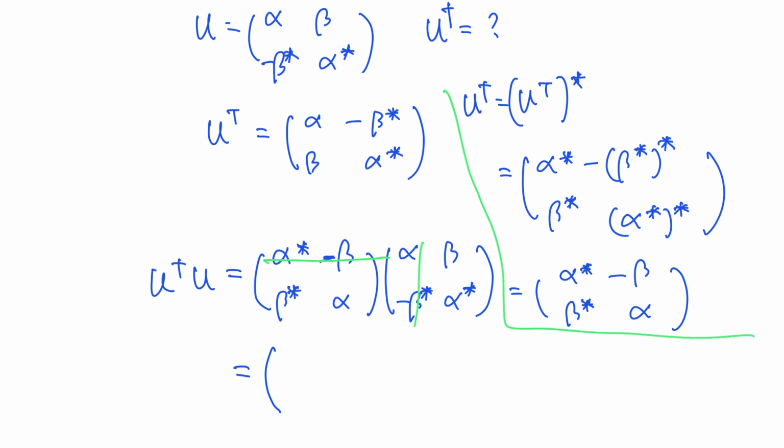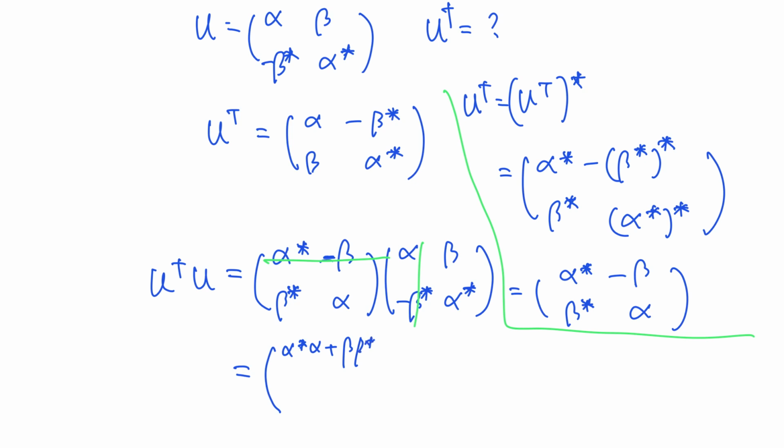Now it's more clear. So U dagger U is alpha complex conjugate, minus beta, beta complex conjugate, alpha, and alpha, beta, minus beta complex conjugate, alpha complex conjugate. First element, alpha complex conjugate alpha plus beta complex conjugate beta, right? So alpha square plus beta square.